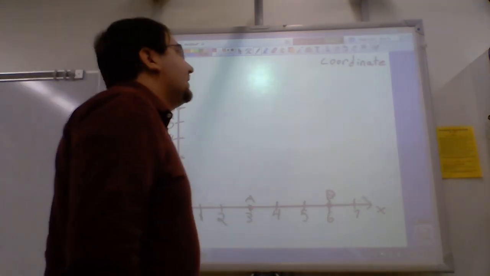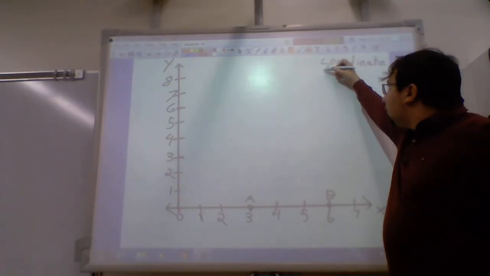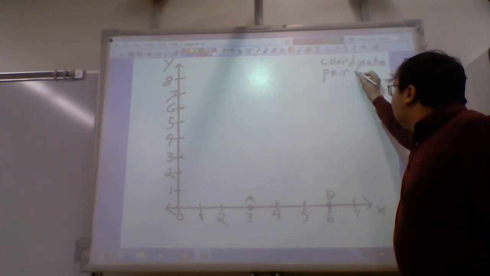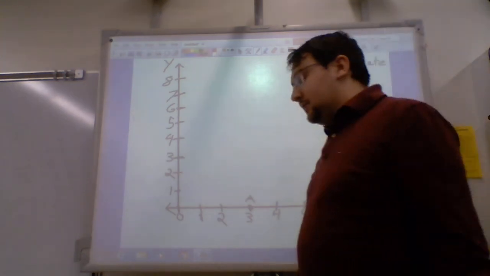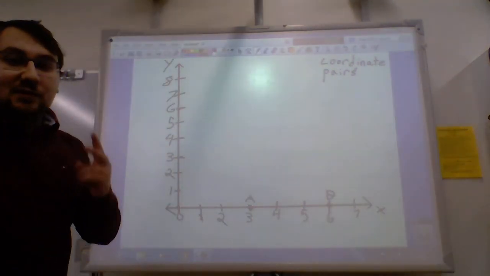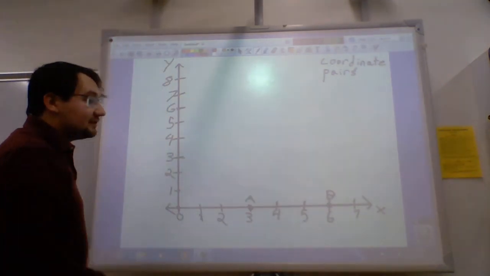This is what's going to bring us into something. We're going to expand on coordinate. We're going to move on to coordinate pairs. It's when we have two different number lines that are going to be coming together like this.